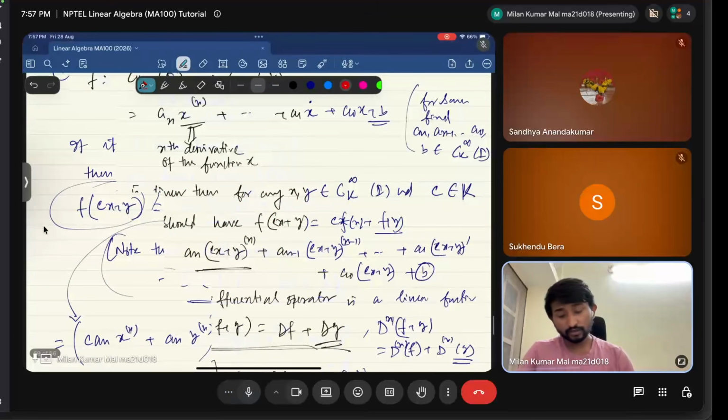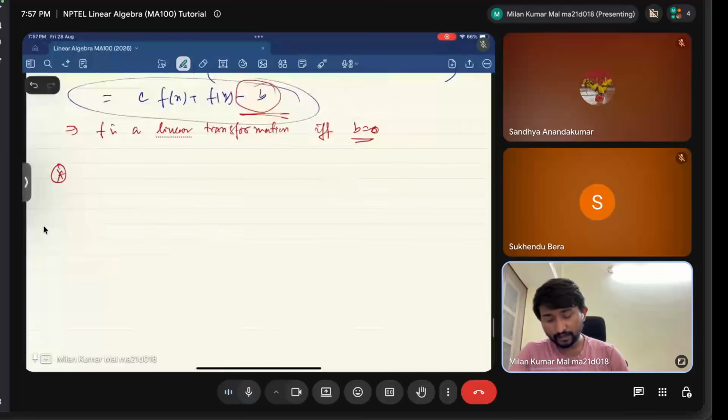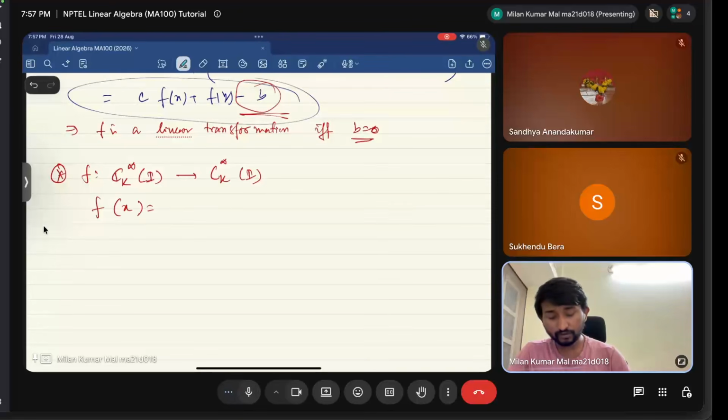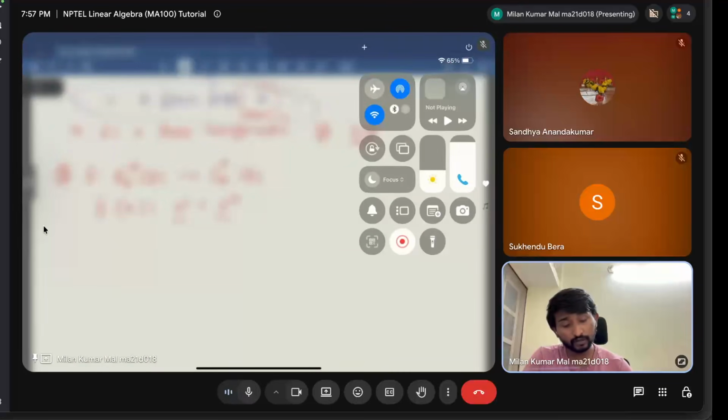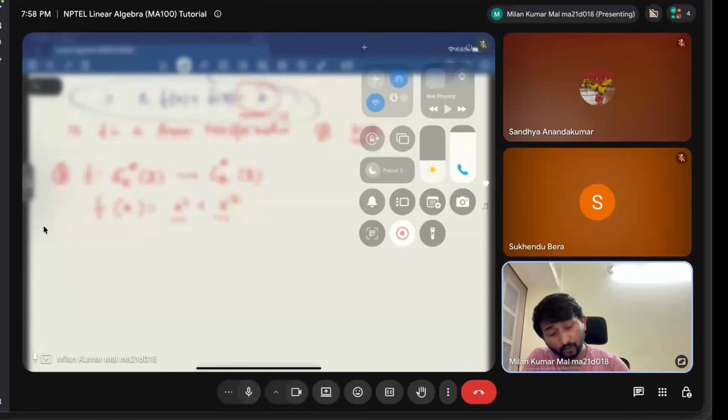Why? Let's take f as a function from C^k infinity I to C^k infinity I, given that f of x is equal to x square plus x dash square. I can show you individually for all of them that this is not a linear transformation, and the addition is also going to be not a linear transformation.